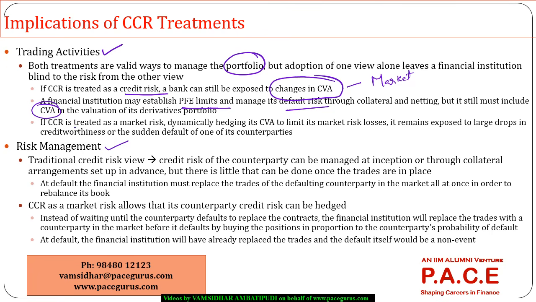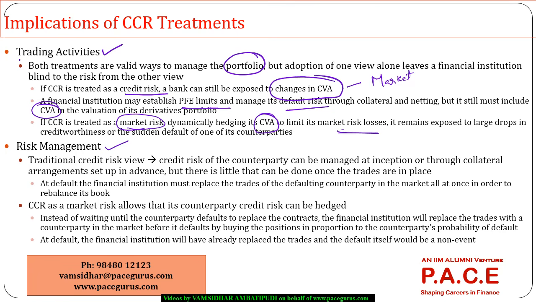Similarly, if I am treating counterparty credit risk as a market risk, I'll try to hedge the changes in the CVA. So the changes in the CVA, the risk I am reducing by doing a hedging, right? So the market risk related losses are coming down, but what if the creditworthiness of the counterparty is getting badly affected? One of the counterparties defaults very badly.